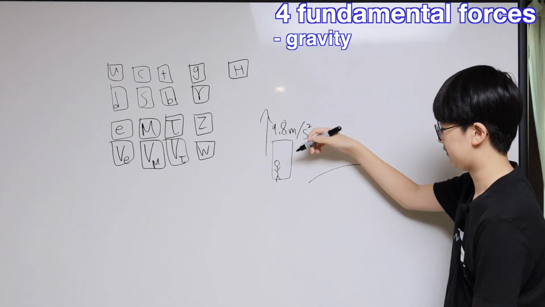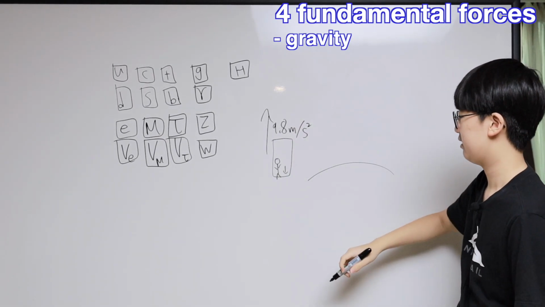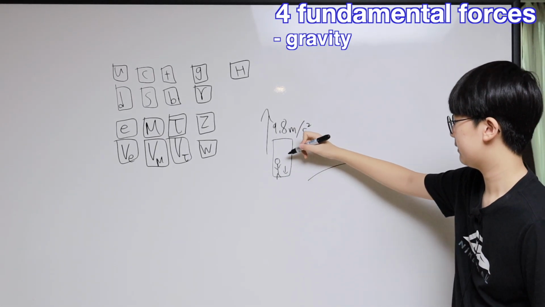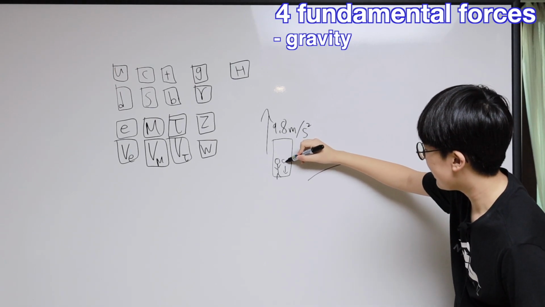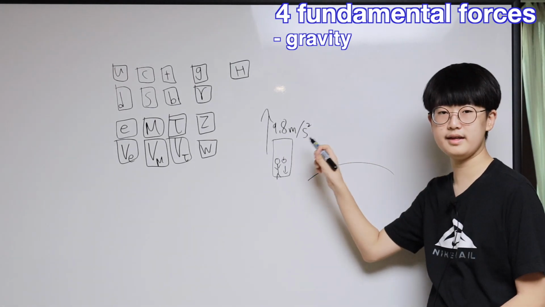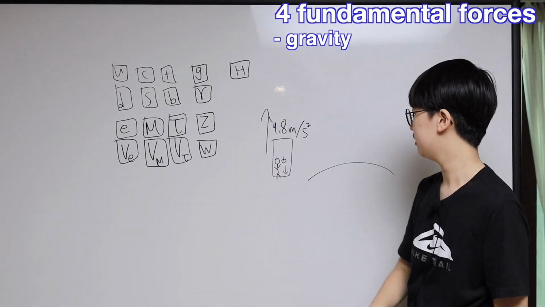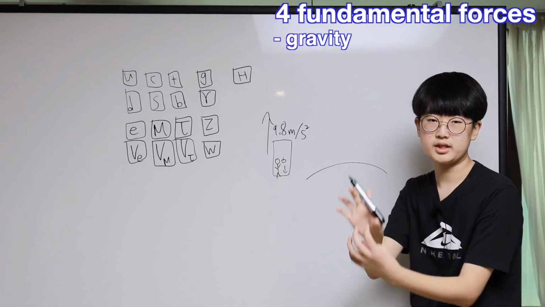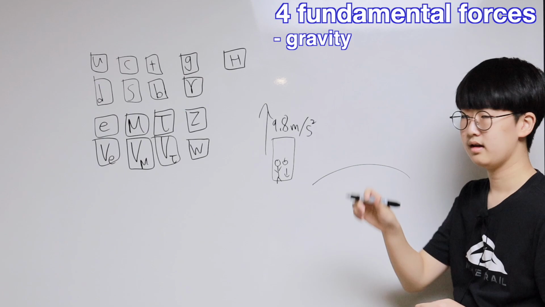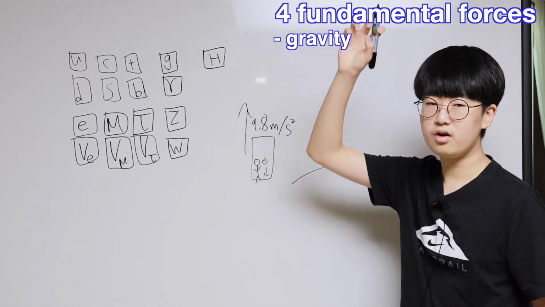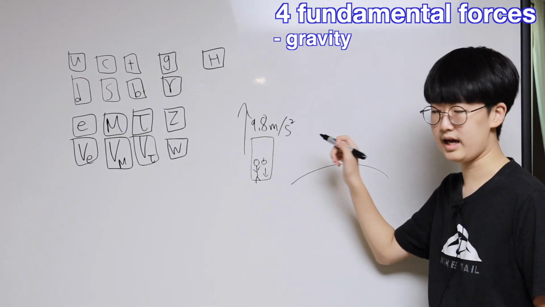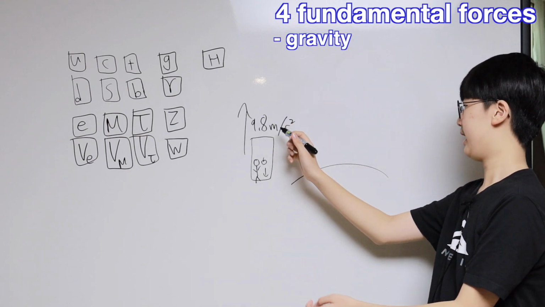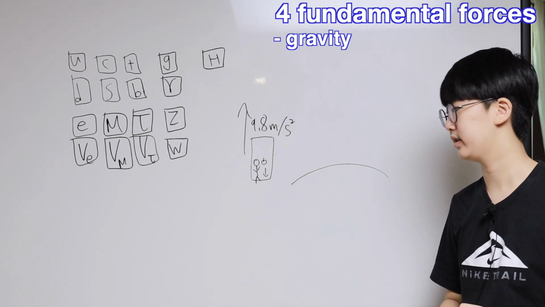So the person feels a force downwards. And also, if he dropped an apple in the accelerating box, because the box is accelerating at this rate, the apple is gonna fall with the same rate. The apple is going to fall at 9.8 meters per second squared.